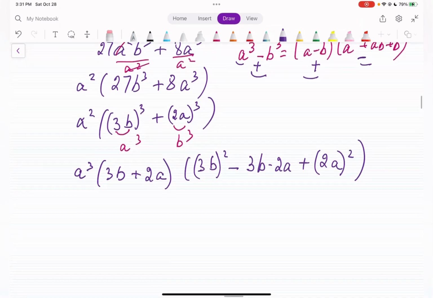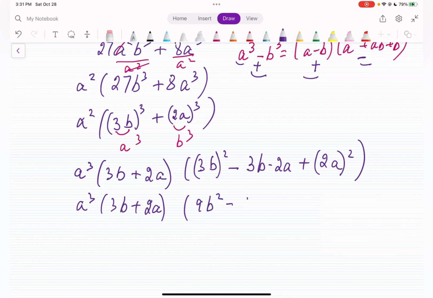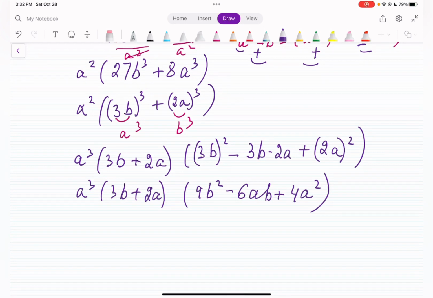And we are getting a cubed, 3b plus 2a, and then 9b squared minus 6ab plus 4a squared. Okay, that's what we have.